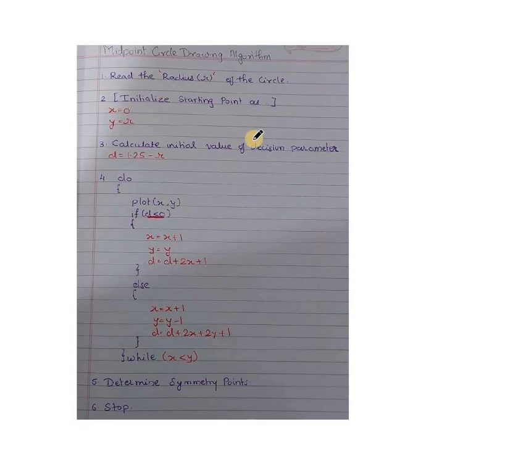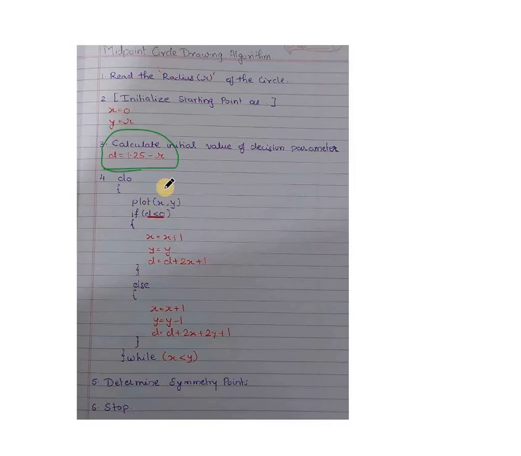Steps 1 and 2 are the same. You are reading the radius and initializing the starting point as x is equal to 0, y is equal to r. The third step is different because the decision variable calculation is different. d is equal to 1.25 minus r.